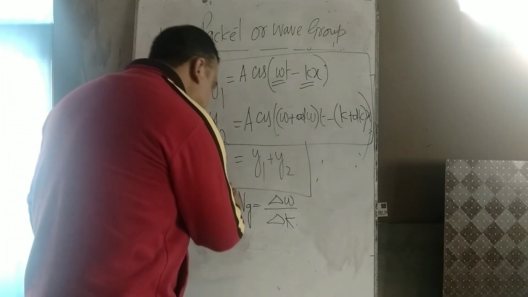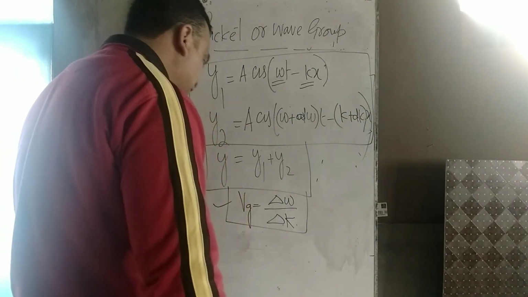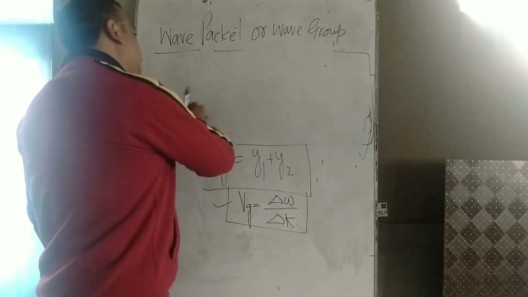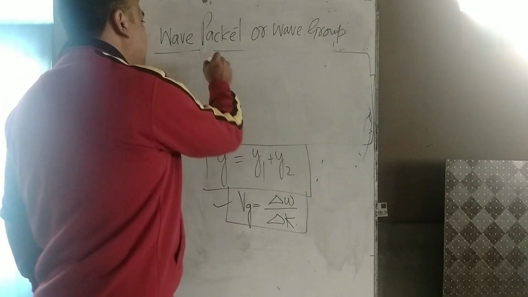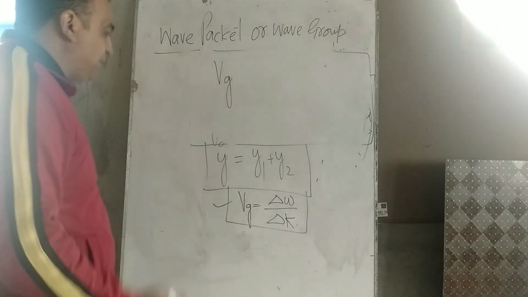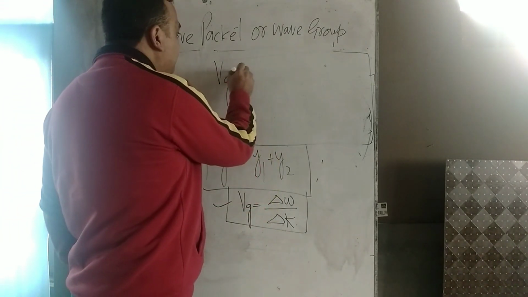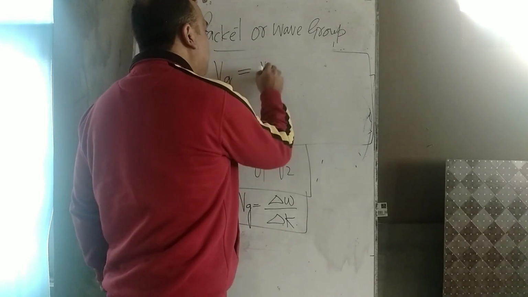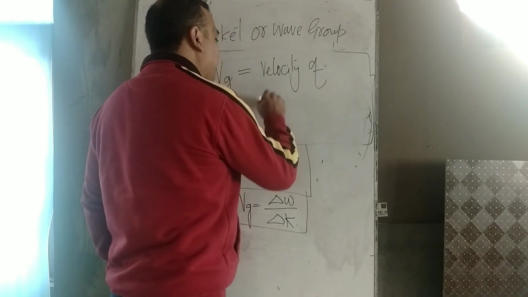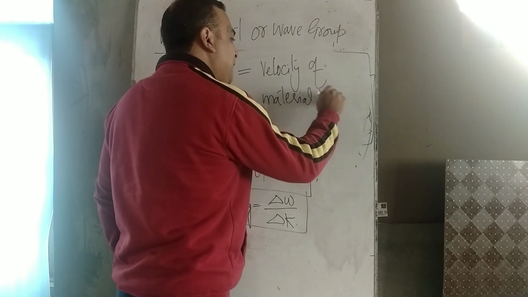If we further boil down this equation, we come up with the result that this Vg, which is the velocity of this wave packet, the velocity of this group of waves, comes out to be equal to the velocity of the material particle. So what does it mean?